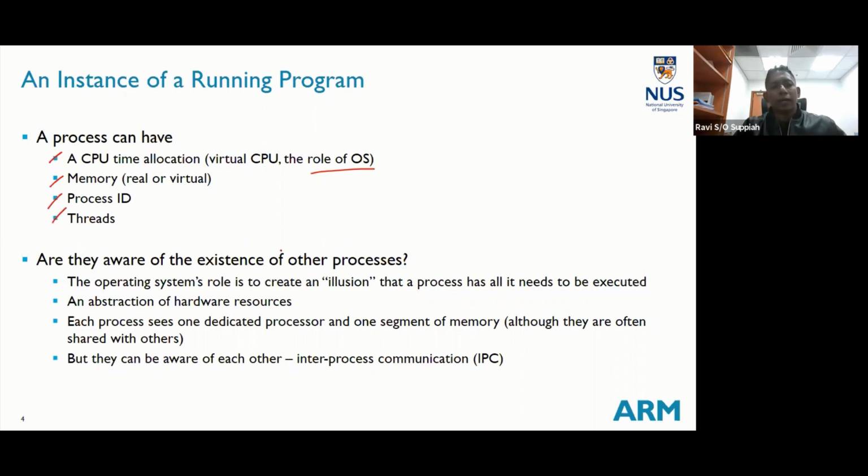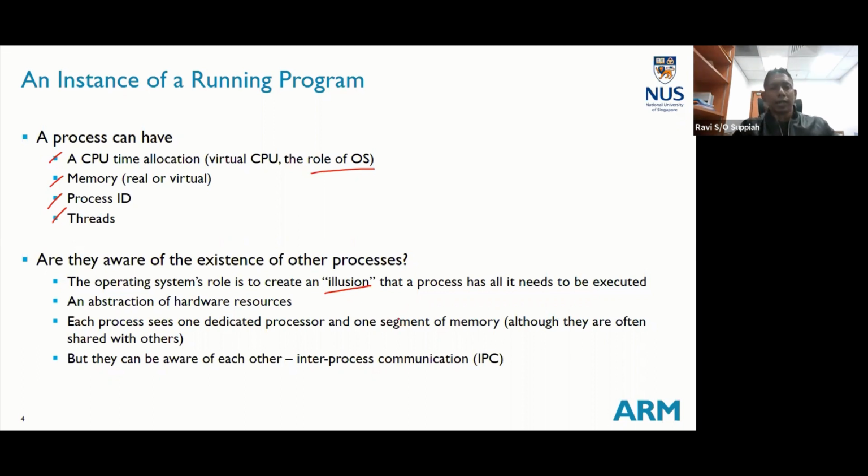The process ID is the ID associated with the process. Once the OS starts it up, it gives it a process ID, and a process may also have several threads within it. The important thing is that the operating system you're running on creates the illusion that the process has all that it needs to be executed.